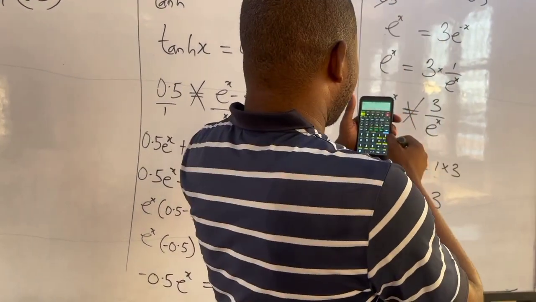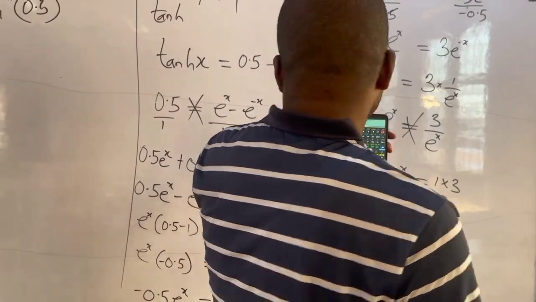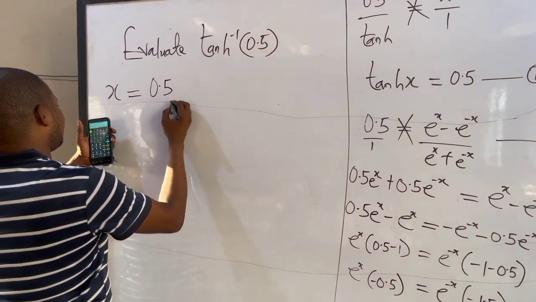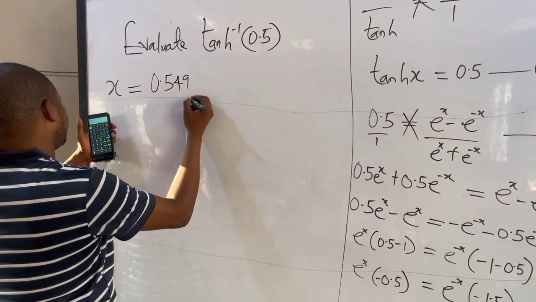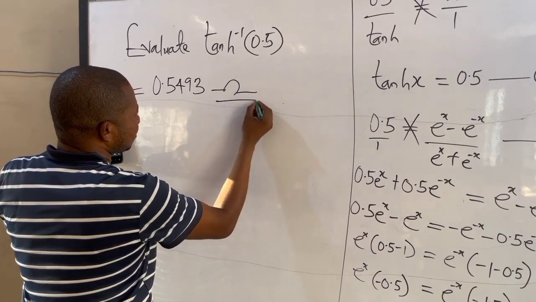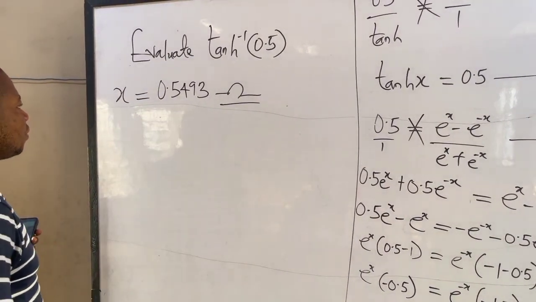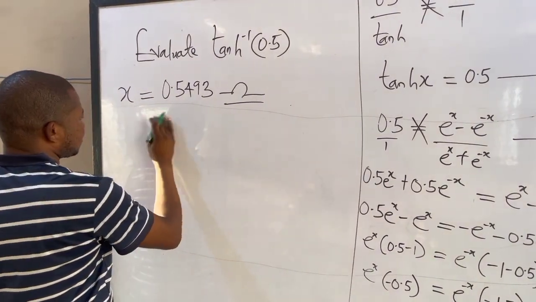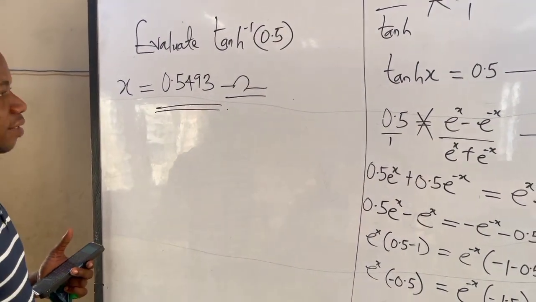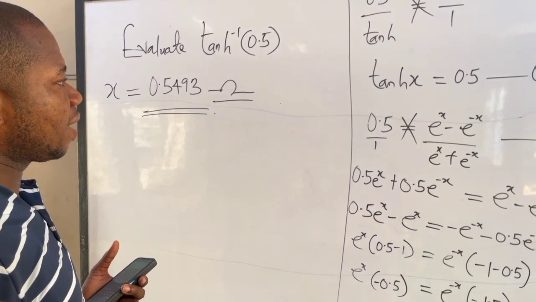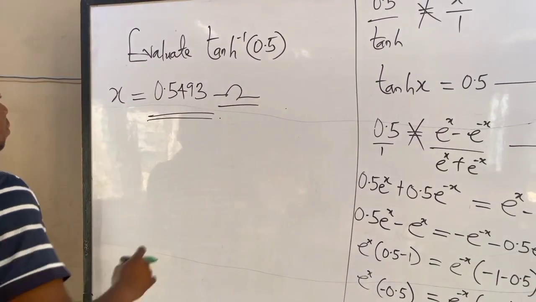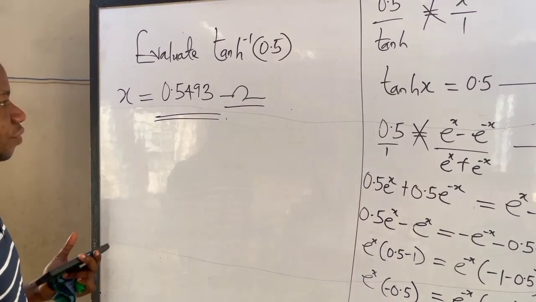Dividing this answer by 2, I'm having 0.5493 approximately. That is giving my answer in 4 decimal places. So this is the answer, this is the value. All right, that is what the answer is.